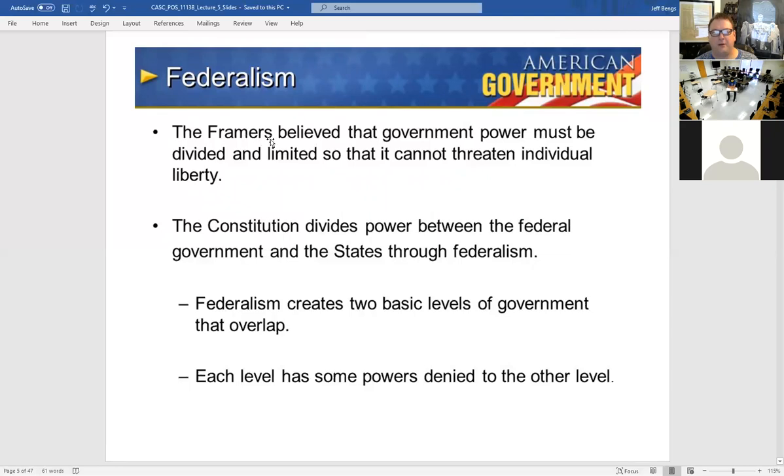Our founding fathers who framed the Constitution believed that government power must be divided and limited so that individual freedom is not threatened. With our form of federalism, there were 2 basic levels of government, and that would be federal level and state level.